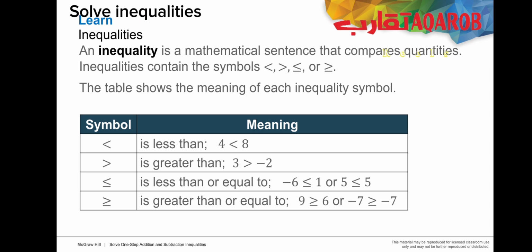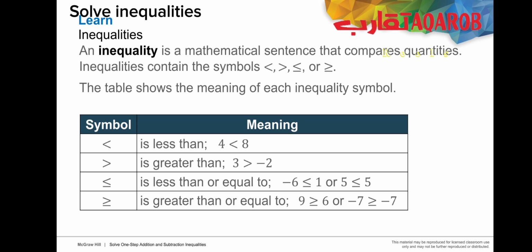The comparison between two quantities shows you that you have two options, or actually three options. We can say about these two quantities that one of them will be less than the other, or one of them will be more than the other, or at least they will be equal.